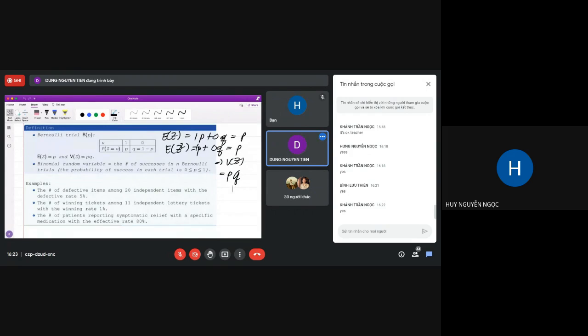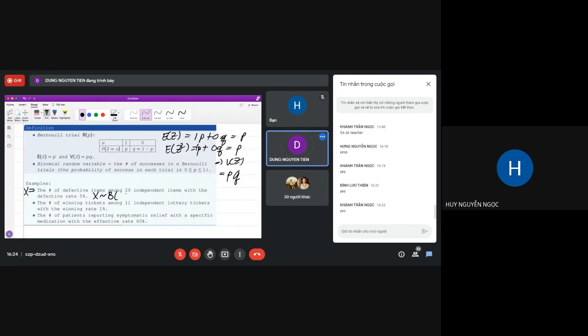For example, we can use a binomial distribution to describe the number of defective items among 20 independent items with the defective rate 5%. If X is the number of defective items among 20 independent items with that defective rate, then I can say that X follows a binomial distribution.